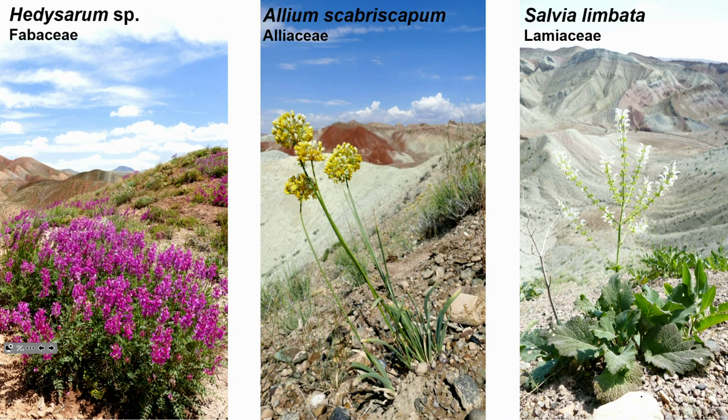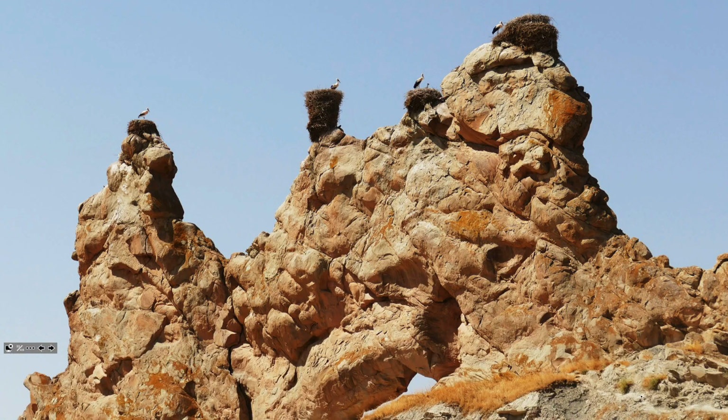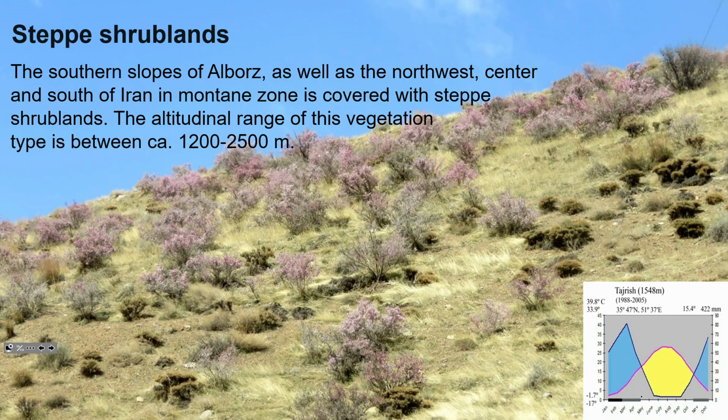Salvia limbata, Allium scabriscapum, and also this Hedysarum species that I couldn't determine until now. And also there are very beautiful structures and beautiful places for animals to live like this.